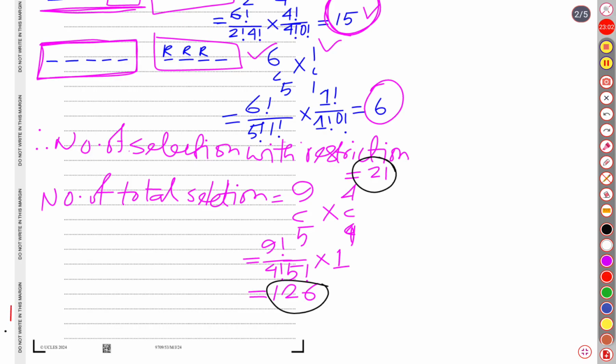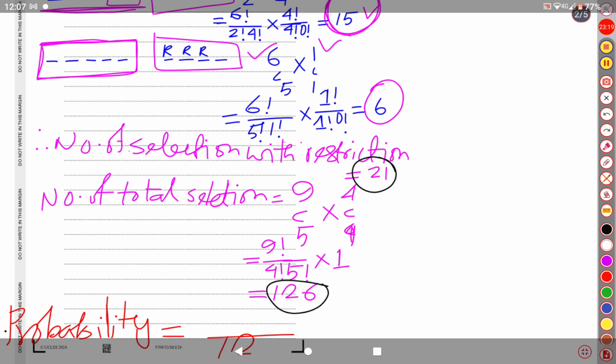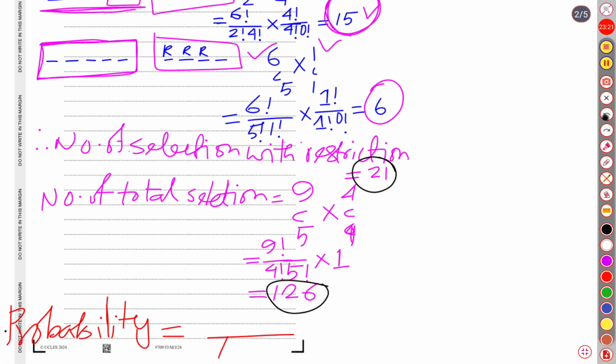Probability is equal to the number of selections with restriction, 21, over the total number of selections, 126.